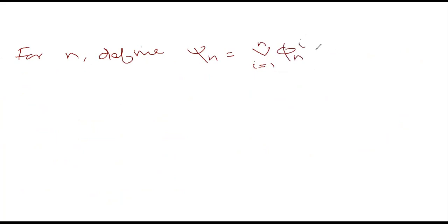Now we have to construct the generating sequence of step functions for f, because we need to show that f is an upper function. So for each n, let's define psi n, which is equal to the join, i runs from 1 to n, of phi n,i.